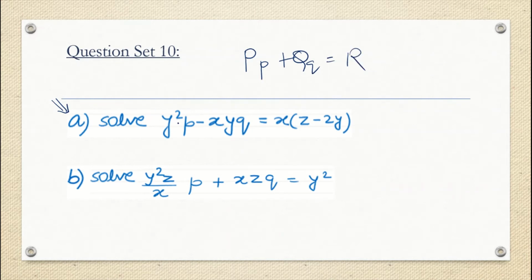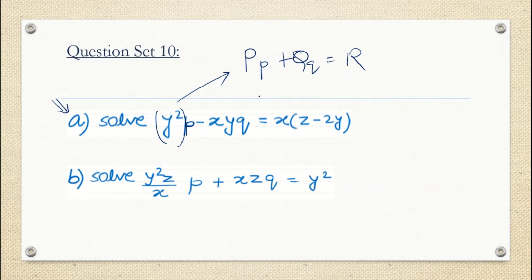Here you will say that this is your del by del x of z, this is my small p, this is your del by del y of z, this is your small q. Whatever is the coefficient of p, this is your capital P, y square is your capital P, and your capital Q is your minus xy.